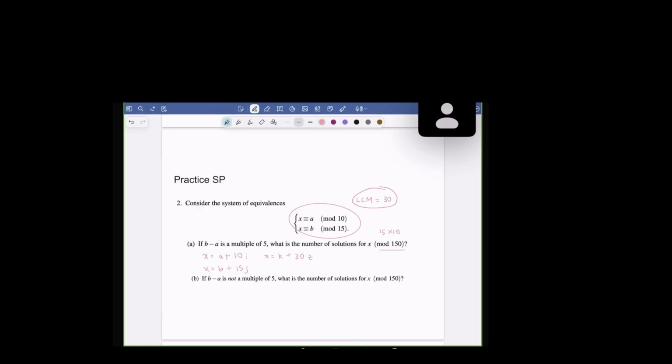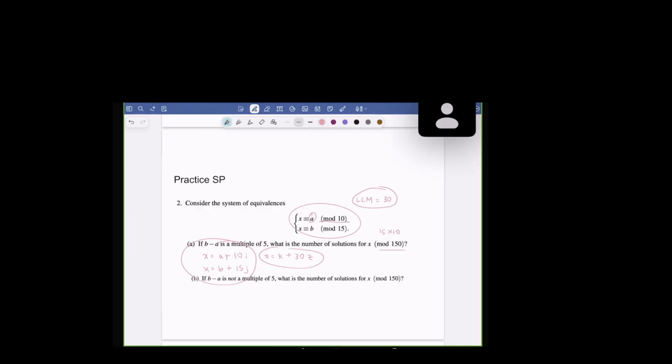The idea is that this is a general representation of equations that could also satisfy these, because when we have something that has a remainder of a mod 10, then when it's mod 30, it would also have a certain remainder.